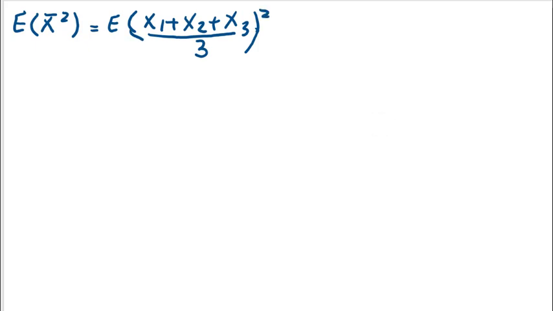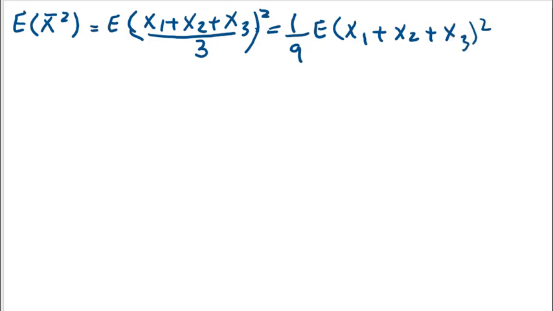Now we can take 3 squared out of the expectation because it is a constant, so we can write it as 1/9 expectation of x1 plus x2 plus x3 squared.